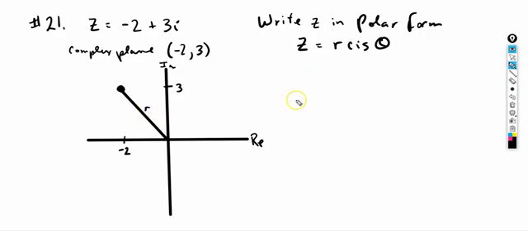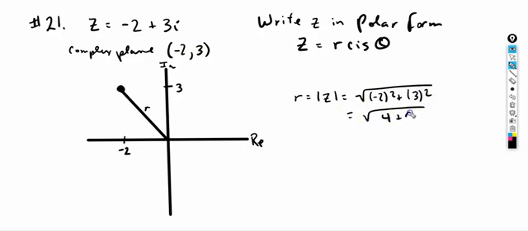And by definition, r is equal to the modulus of z, which is the square root of the real part squared plus the imaginary part squared. So that distance is equal to the square root of 13. And so this will be the square root of 13 times cis of theta.